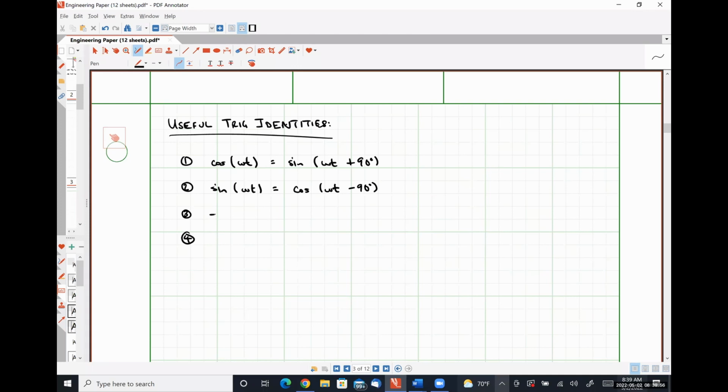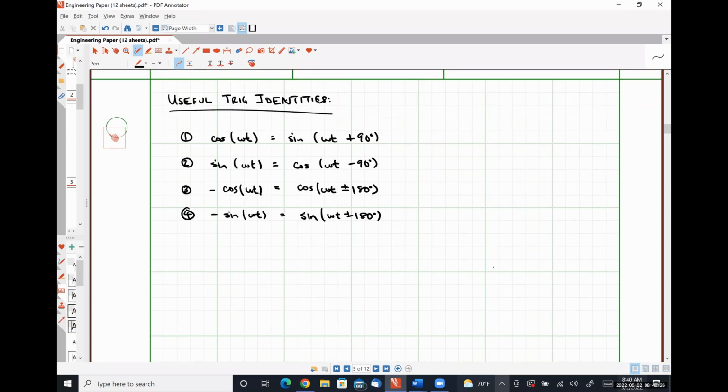And the opposite, sine of omega t, is equal to cosine of omega t minus 90 degrees. Then we had the identities that we developed for getting rid of negative magnitudes. So that was negative cosine omega t is equal to cosine omega t plus or minus 180 degrees. And negative sine omega t is equal to positive sine omega t plus or minus 180 degrees.